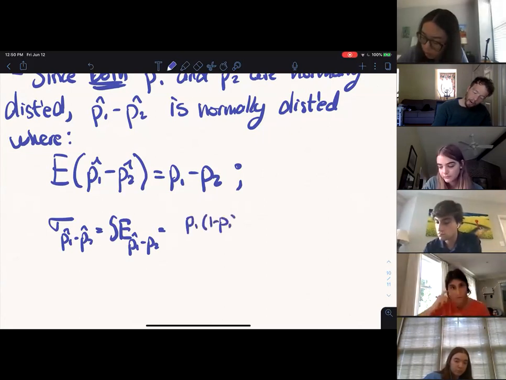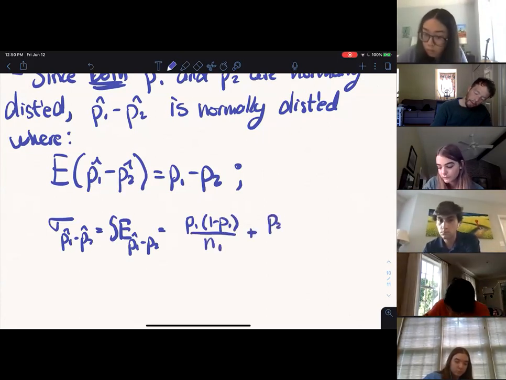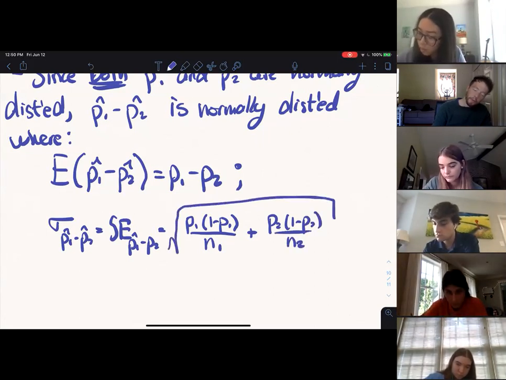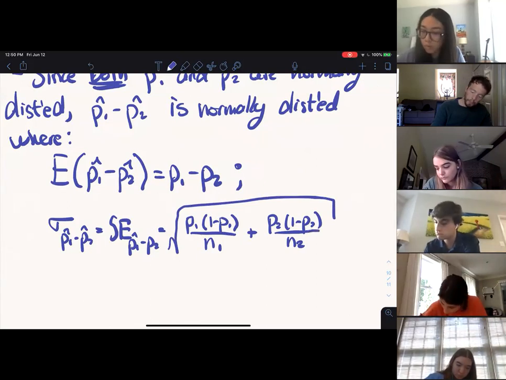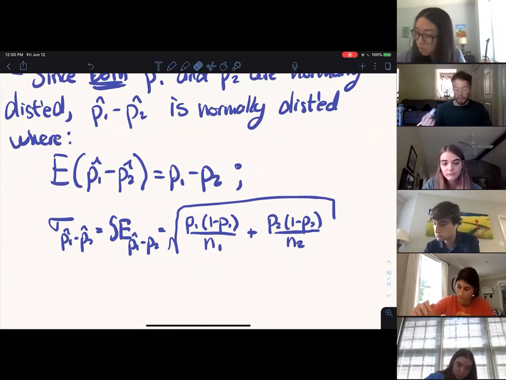So this is the standard error for the first sample, and this is the standard error for the second sample. And I'm adding them and putting them all under the square root. Or rather, these are the variances for each sample. They're not the standard errors, my bad. Or the standard error squared, at least you can think about it that way.